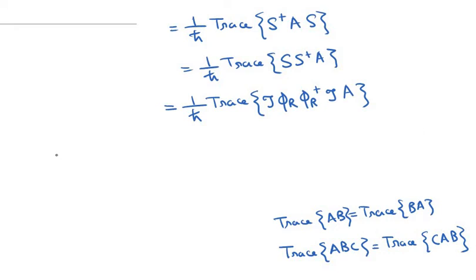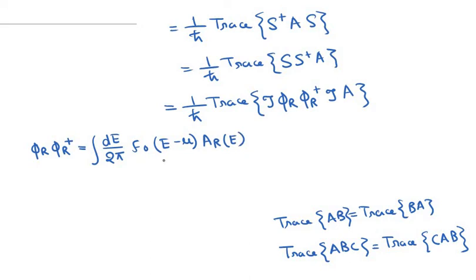From our previous class, we know that this matrix phi r dagger can be written as the integral of dE by 2 pi, f0 of E minus mu, A r of E. Why are we using this equilibrium Fermi function f0 and not the non-equilibrium Fermi functions f1 and f2?